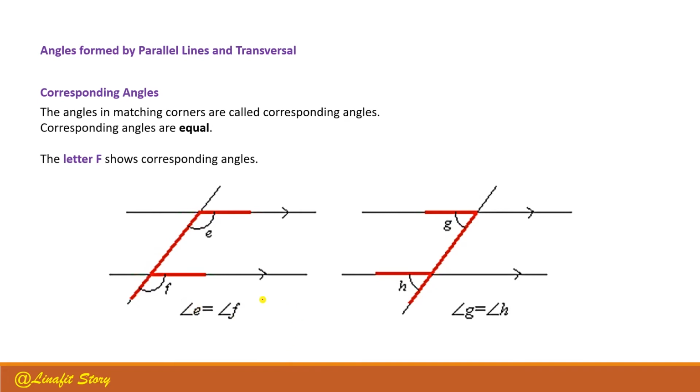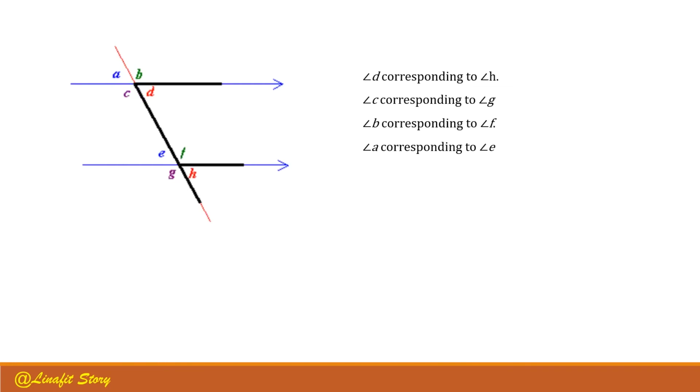So over here, E is equal to F. Here is another letter F. Angle G is equal to angle H. Another letter F. D corresponding to H. C corresponding to G. B corresponding to F. And A corresponding to E.